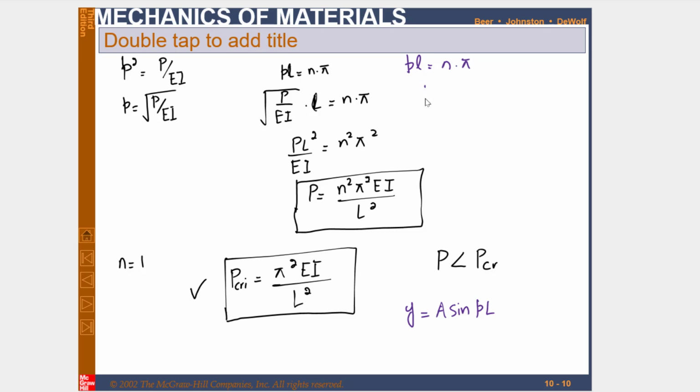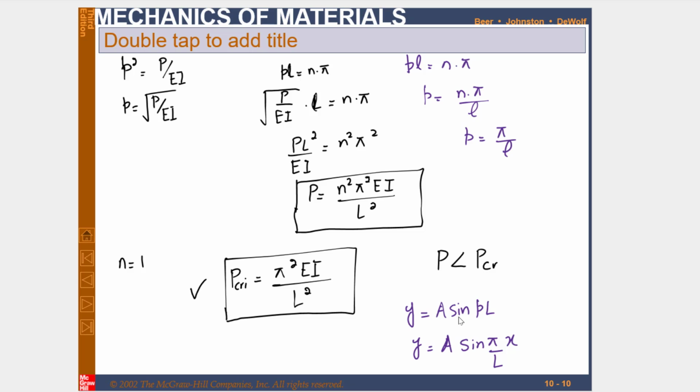So P will be equal to n pi over L. When n is equal to 1, P will be equal to pi over L. So you can put it in the general solution, and you can get the value of deflection, that y will become equal to A sine of pi over L into x.